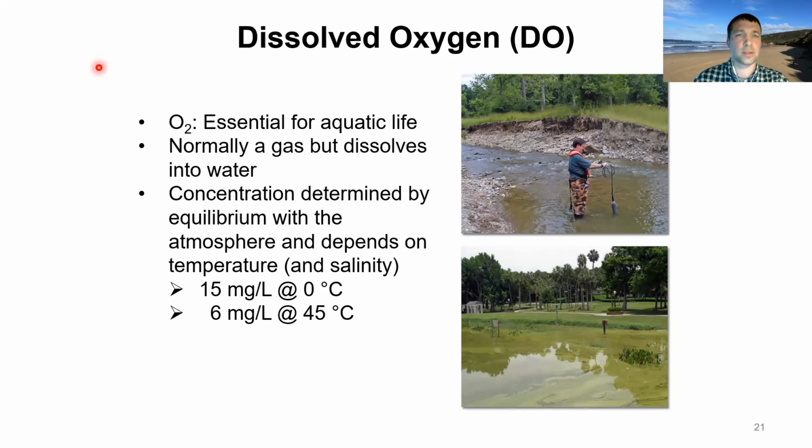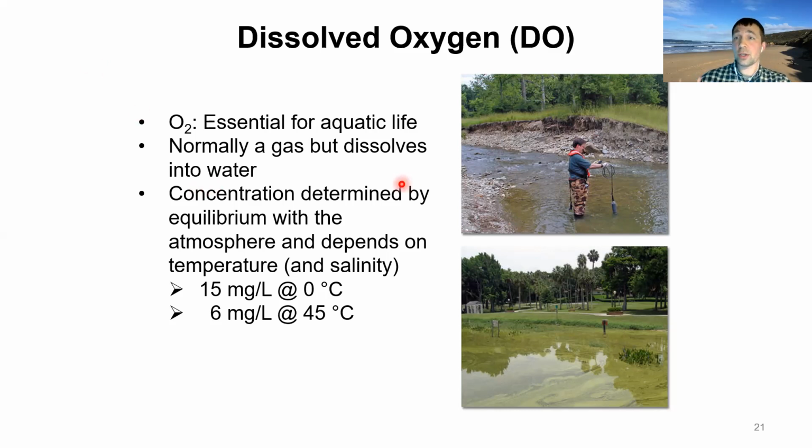Oxygen is essential for almost all organisms on Earth, all plants and animals particularly, and it's also a really critical parameter for understanding aquatic health. Even though we like to think of oxygen as a gas in the atmosphere that we all breathe, oxygen also dissolves into water.